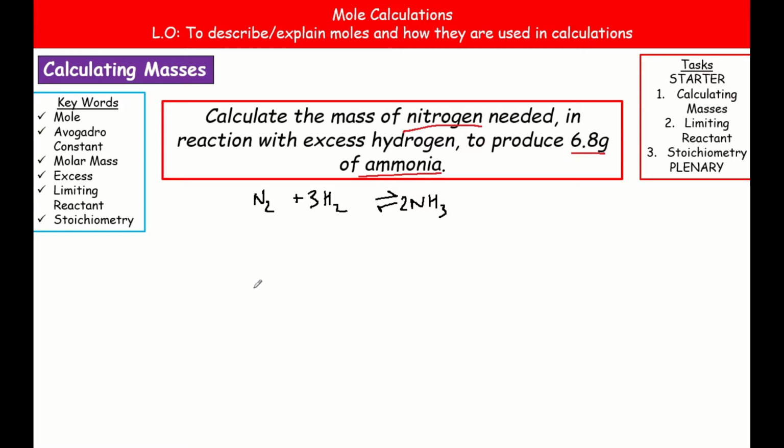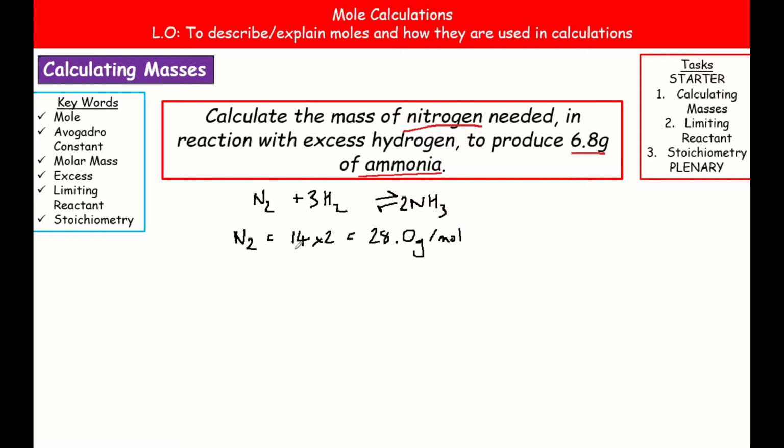The first thing we need to do is work out our mass of nitrogen. So we're looking for the molar mass of nitrogen. If we start off with our nitrogen, then look on the periodic table and we find that nitrogen has a relative atomic mass of 14 and we've got 2 of them. So 14 times 2 gives us 28 grams per mole.